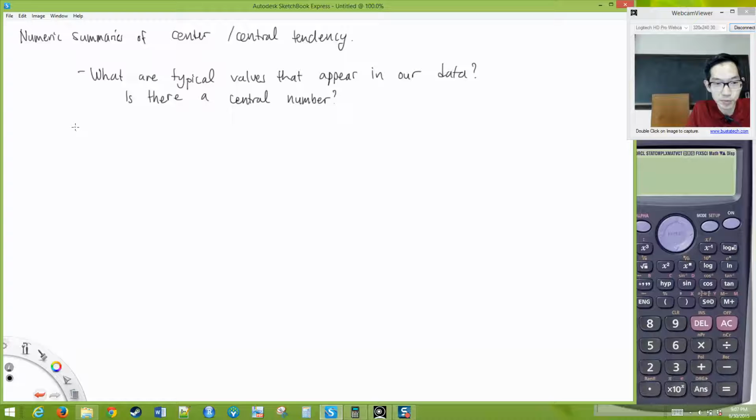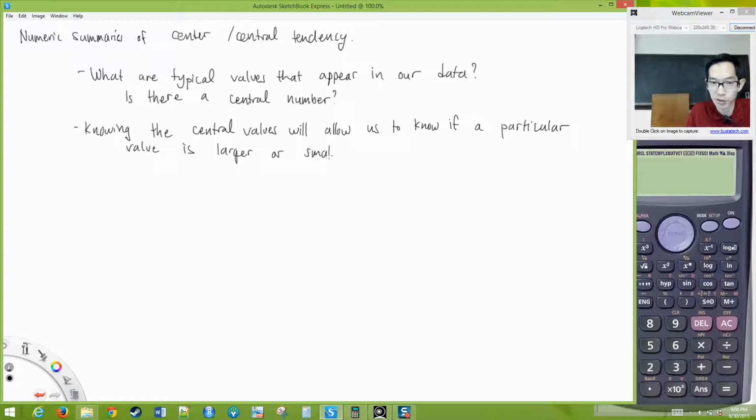Okay, so knowing the central values will allow us to know if a particular value is larger or smaller than what is typical.